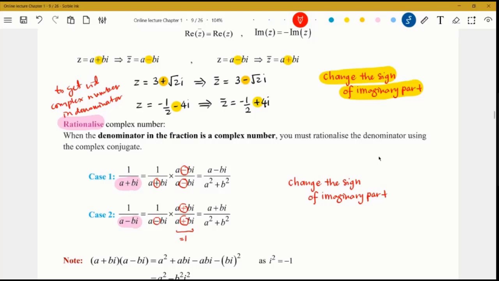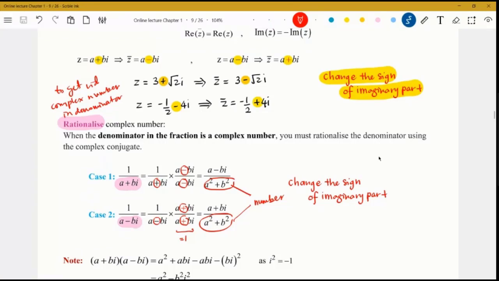So bila kita dah rationalize, pada bahagian bawah ini kita akan dapat nombor sahaja. Okay, ini adalah number. Tak kisahlah dia positif ataupun negatif, square root ataupun rational number, dia adalah number, bukan complex number. Dia tak ada I dah dekat pada bahagian bawah. That's the purpose of rationalize complex number.